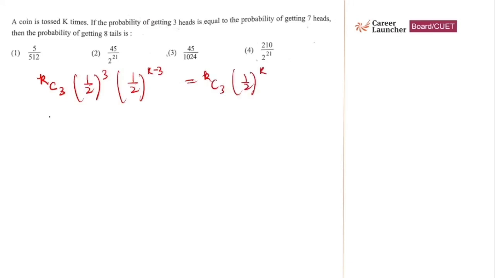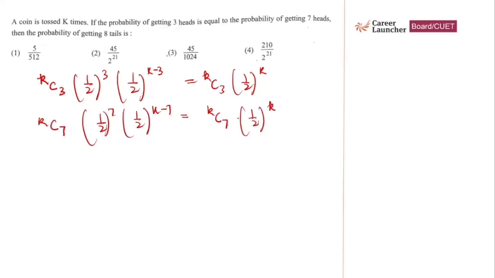Probability of getting 7 heads will be kC7, (1/2)⁷, (1/2)^(k−7). It means kC7 (1/2)^k. These two are equal. It means kC3 (1/2)^k equals kC7 (1/2)^k. This will cancel out, so these two are equal only when k is equal to 7 plus 3, it means 10.